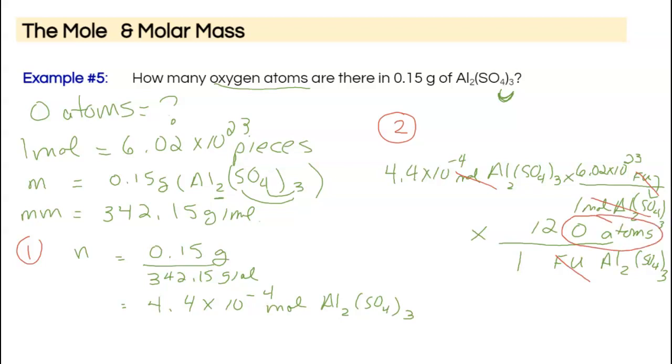So multiplying across, I get 4.4 times 10 to the negative 4 times Avogadro's number, and then times 12 is going to give me a value of, my raw value is 3.167 and so on times 10 to the power of 21, but I'm going to round that to 2 significant digits at 3.2 times 10 to the power of 21 oxygen atoms.